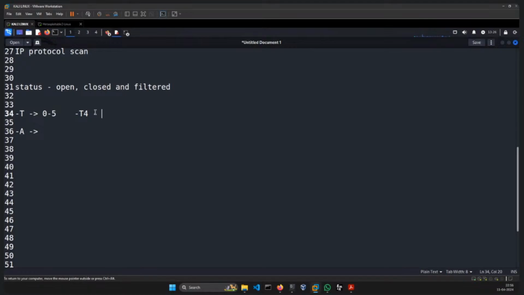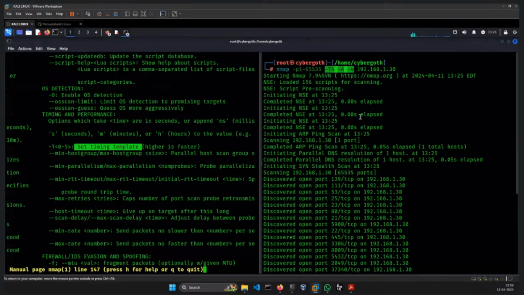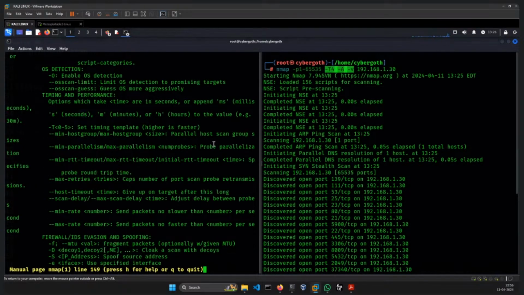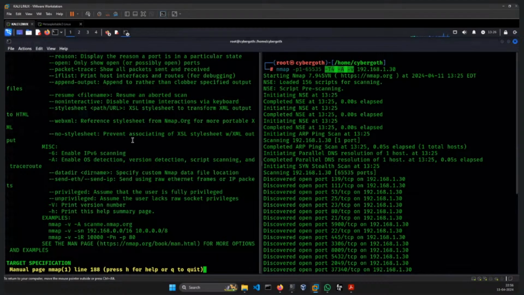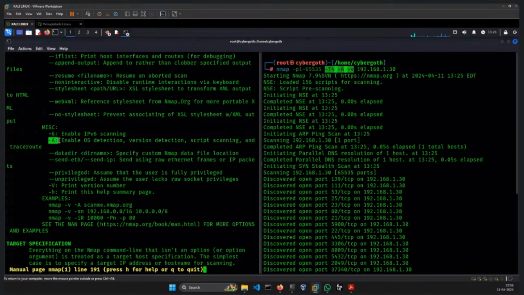This will take a lot of resources, and when you are doing a fast scan and you have specified another flag, that is this -A, let's see what this -A shows, then we will understand it clearly. If you see over here, -A enables OS detection, version detection, script scanning, and traceroute. So what are the things it is covering?